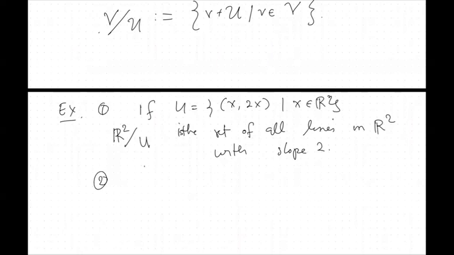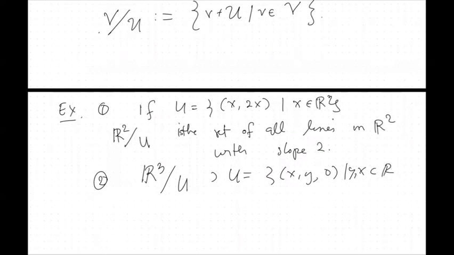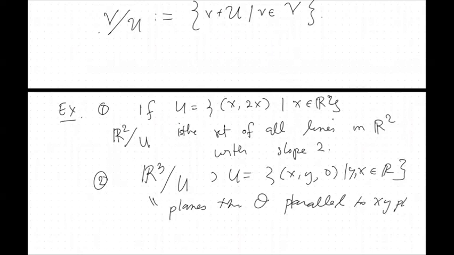And then the second example is if we have R3 modulo U, and U here is just (x, y, 0), x and y in R. So this is equal to the planes parallel to the xy-plane. Okay.